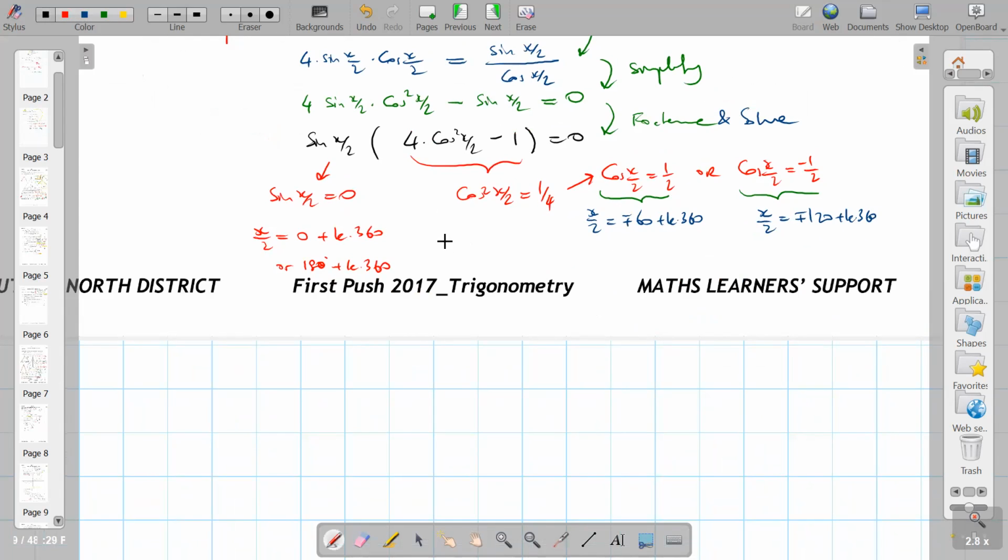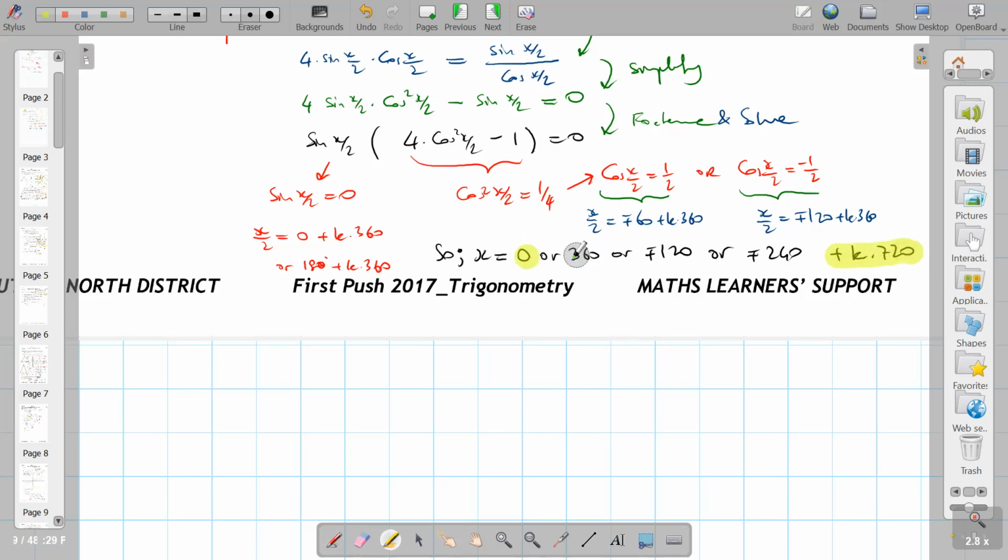So we can have, let's say, for x, 0 or 360, or plus minus 120, or plus minus 240, and all of them plus k times 720. So all of them are normally plus k times 720.